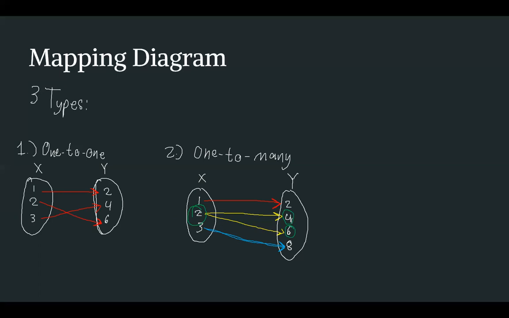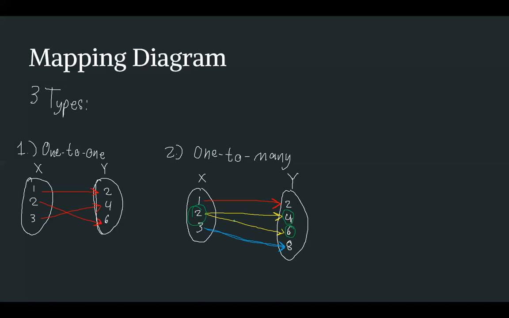Number 2 has 2 matches, 2 to 4 and 2 to 6. So this is no longer one-to-one, but it is called a one-to-many diagram.